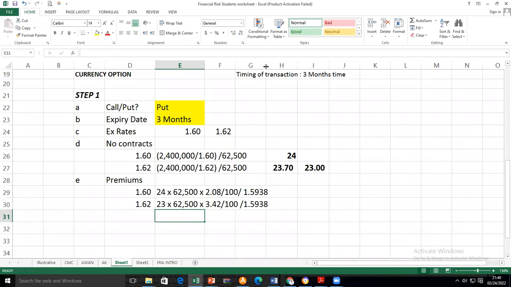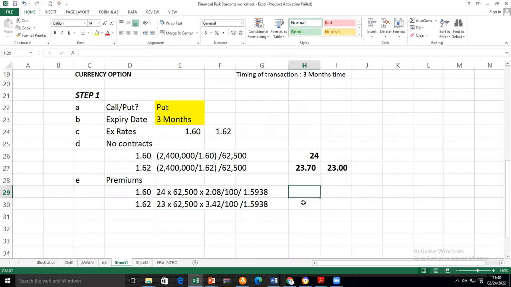So now let us find out the cost in pounds. Let's work out together. 24 by 62,500 by 2.08 divided by 100 divided by 1.5938.